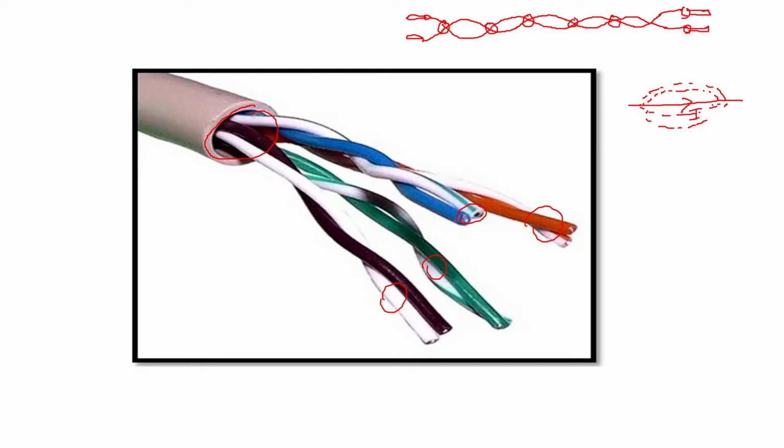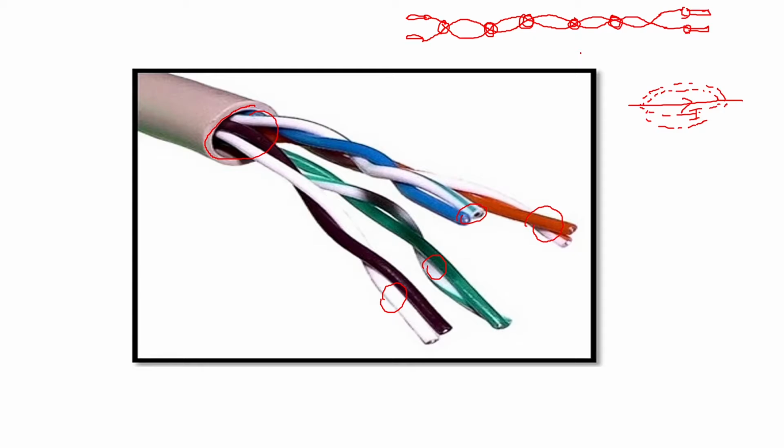Now to eliminate that, if you twist these wires, then the magnetic fields of the noise, whatever is there, will get into opposition and get cancelled out. And that is how, this is one of the processes of twisting the wires, by which the interference or noise which is generated can be cancelled out.